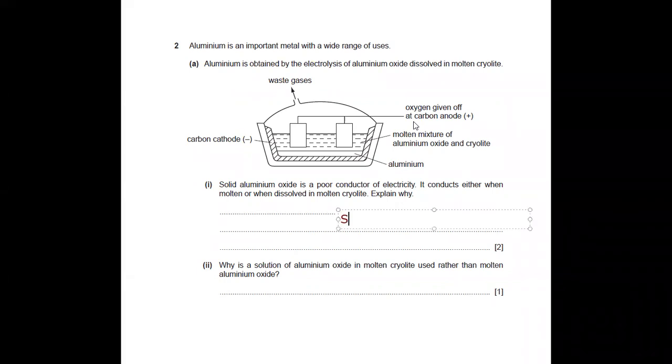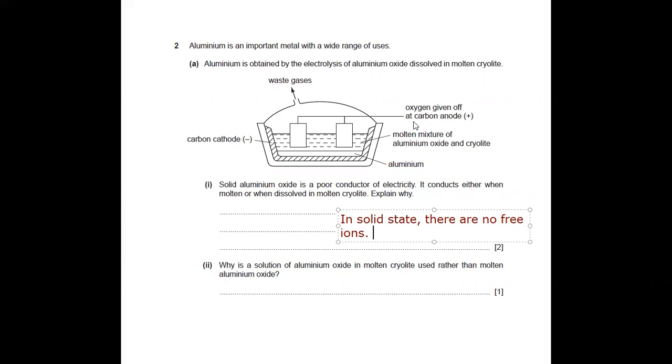The reason for that is, and this is a general answer you can use for other questions of this type, in solid state, there are no free ions. Your wording is important. So free electrons is what we say when we talk about metals.